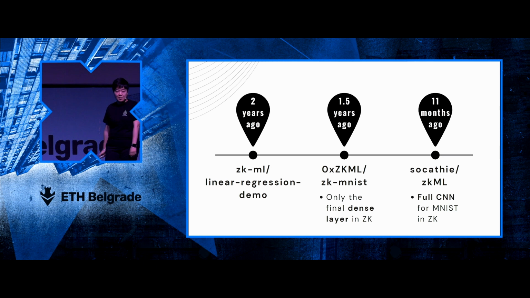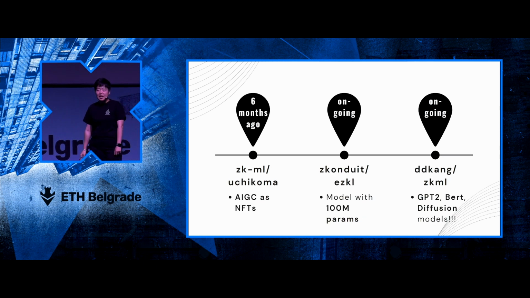So that's my repository. And then things moved very quickly in the last few months or so. First of all, at ETH San Francisco, the same group that coined the term ZKML also did a proof of concept of AIGC as NFTs. And then we also got a lot of performance boost.